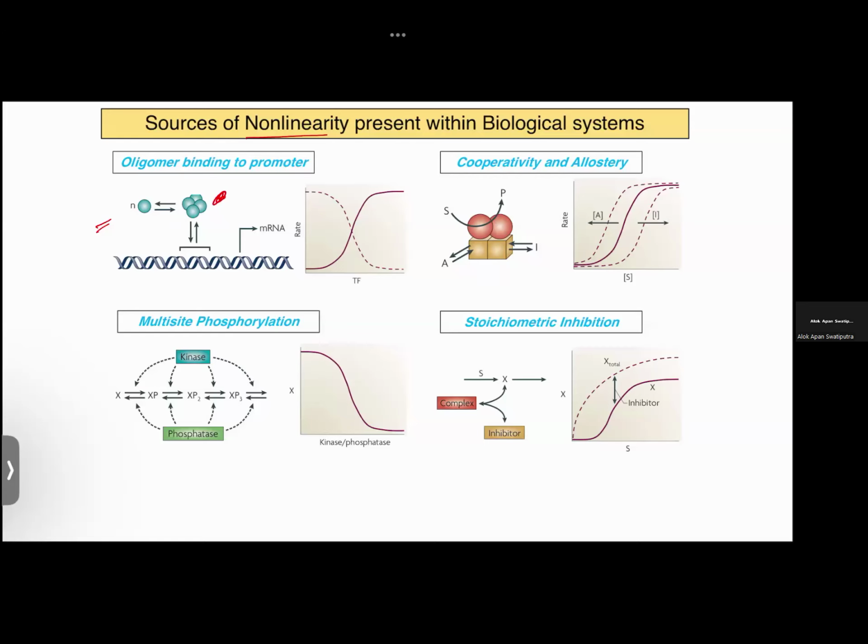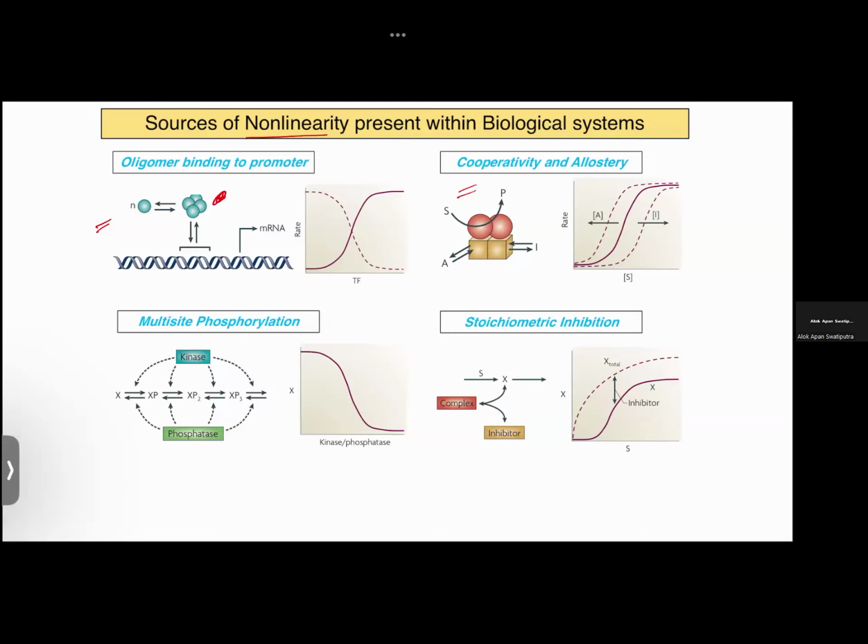One more source of nonlinearity, if you remember, is cooperativity. Why cooperativity? If you remember in case of hemoglobin, one source of nonlinearity was that it binds in a tetramer process. But if you also remember, it binds four oxygen molecules, and each binding actually enhances the binding of the next molecule. So there is a cooperativity in it.